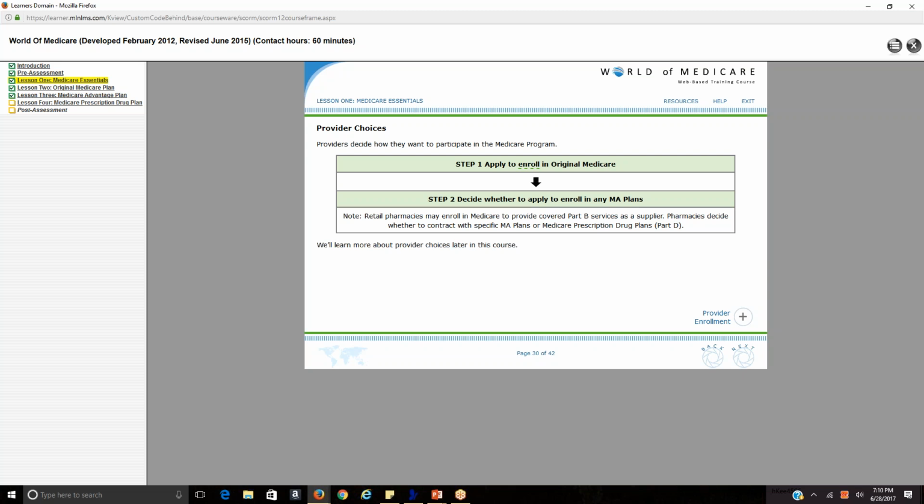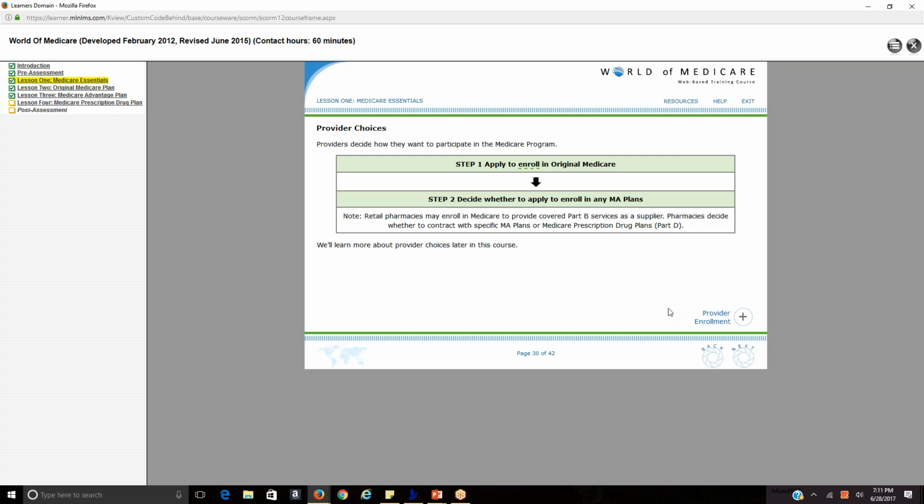And one of the things that most doctors should do would be to go on to the Medicare website and pretend that you're going to be enrolling as a Medicare Advantage patient and pull up your zip code or your region of the country, and it will show all the Medicare Advantage plans that are operating in your area. And then you can decide, looking at the different benefits that are available and benefit structures, if you want to apply as a provider to enroll in those Medicare plans.